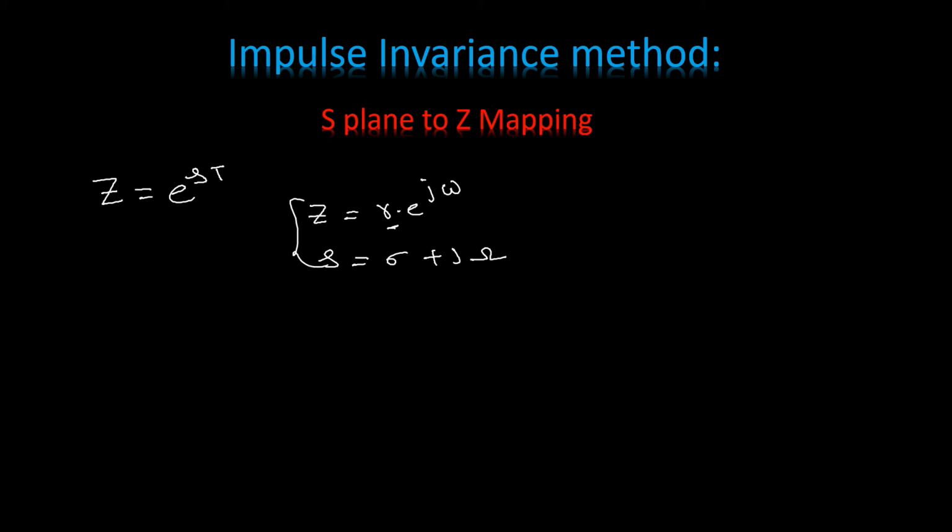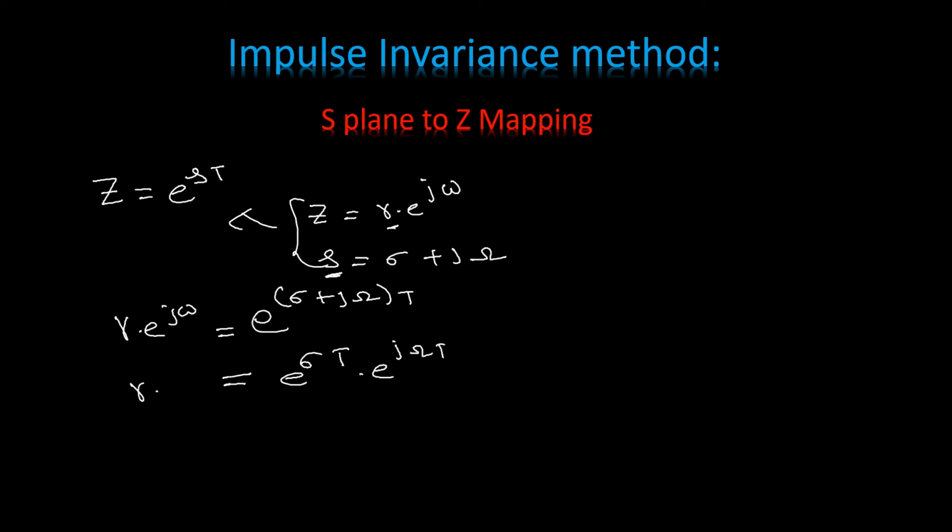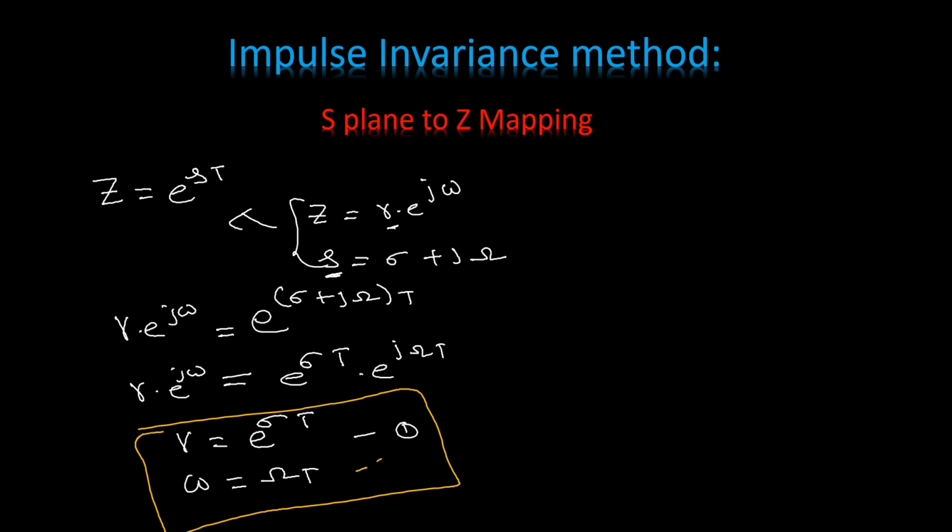If you substitute these two in this expression, r e power j omega is equal to e power (sigma plus j omega) T. So this we can write as e power sigma T into e power j omega T. If you compare the real part and imaginary part, r is equal to e power sigma T is one expression, and from the imaginary part, omega is equal to omega T. By using these two expressions, we can transform poles in S plane to the Z plane.